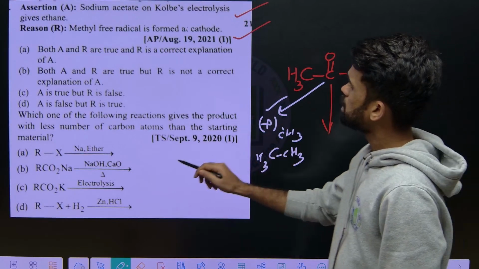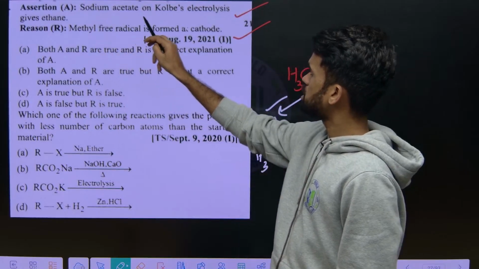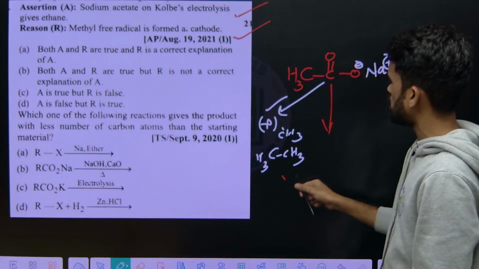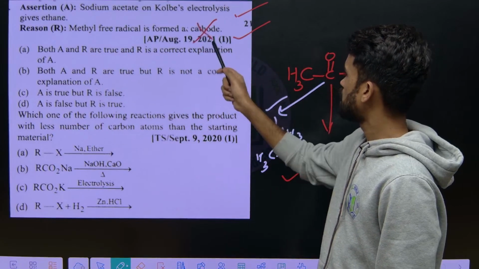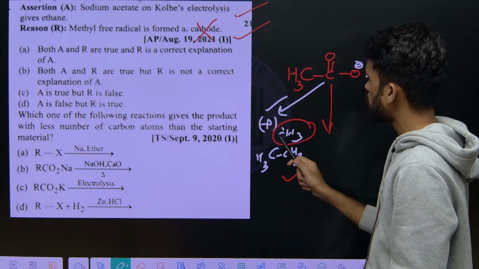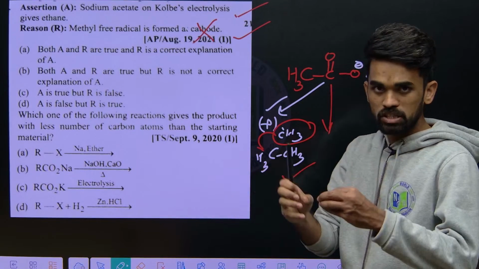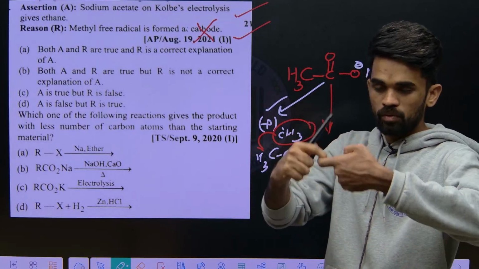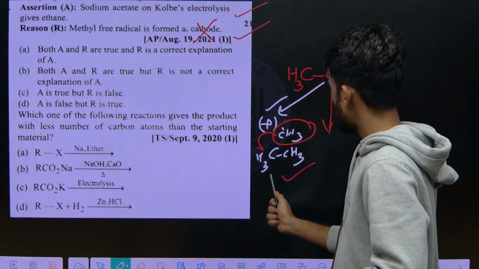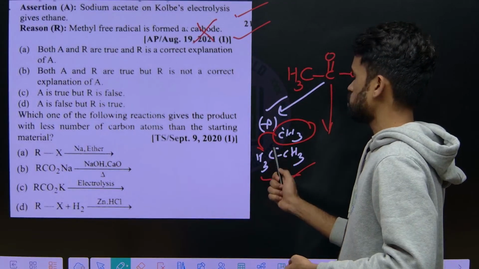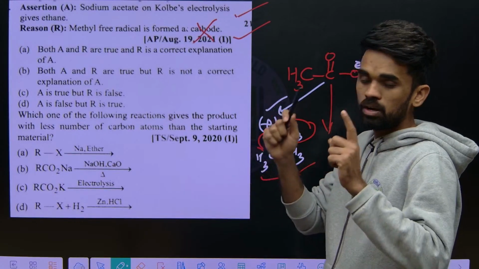So sodium acetate on Kolbe electrolysis gives ethane, that is perfectly correct, and methyl radical is formed at the cathode, no, methyl radicals are formed at the anode only, and they couple with each other. Each alkyl group will make a bond by pairing that free radical electron and gives a higher alkane. Methyl gives ethane, ethyl gives butane, like that.